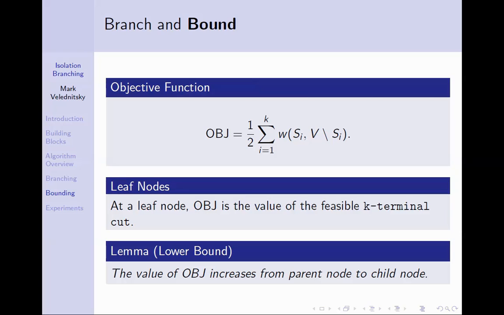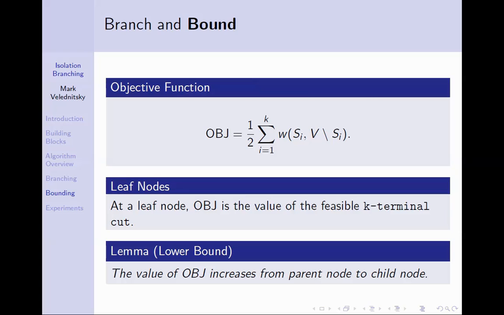As a consequence, if we always consider the node with the lowest value of this objective, then the first leaf node that we ever hit will be the leaf node with the optimal objective value.